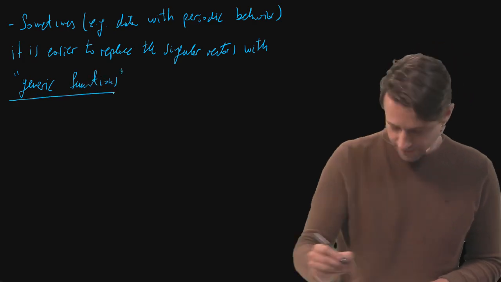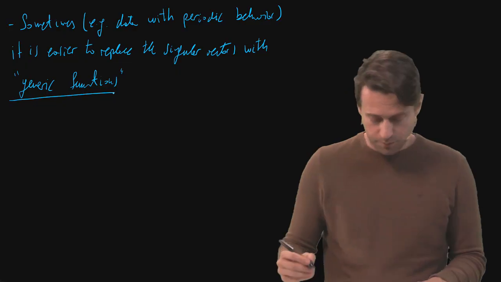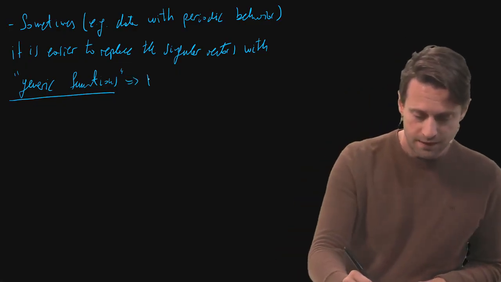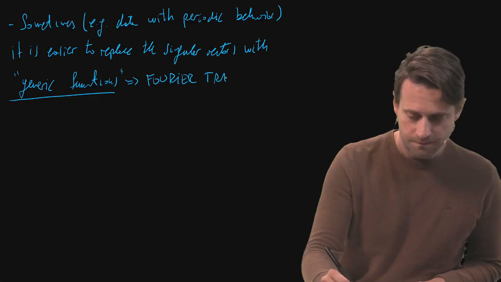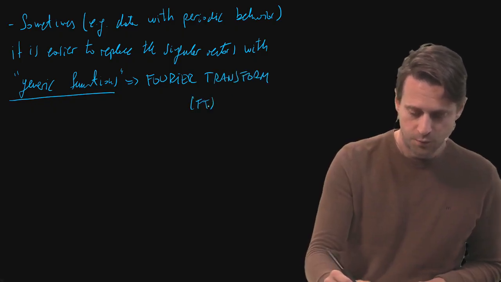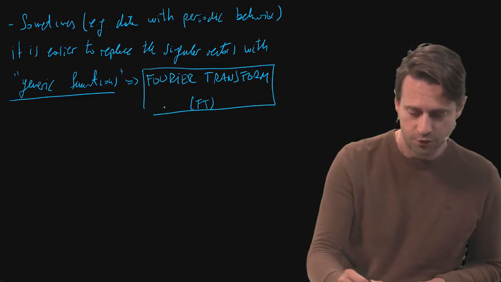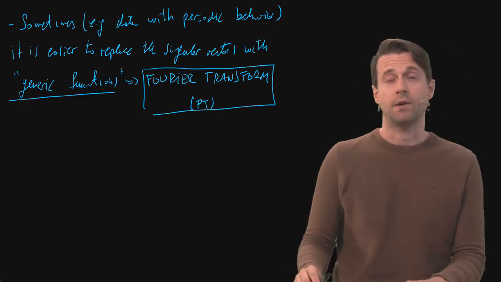And what are these generic functions? They can be, for example, Fourier modes. And here we are talking about the Fourier transform, FT, which is also a very, very widely used method that everybody here probably knows.